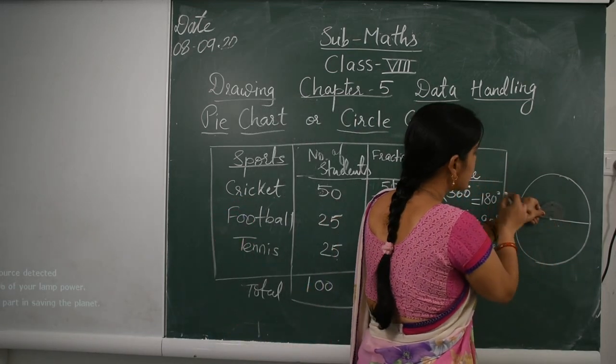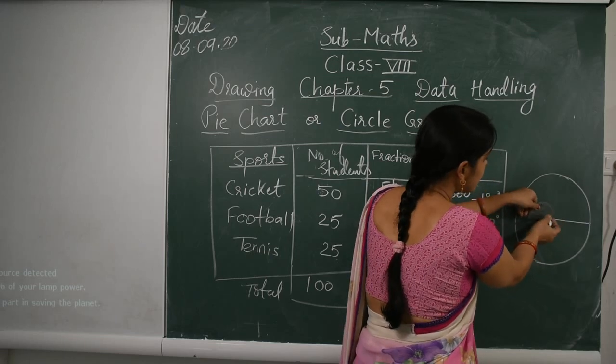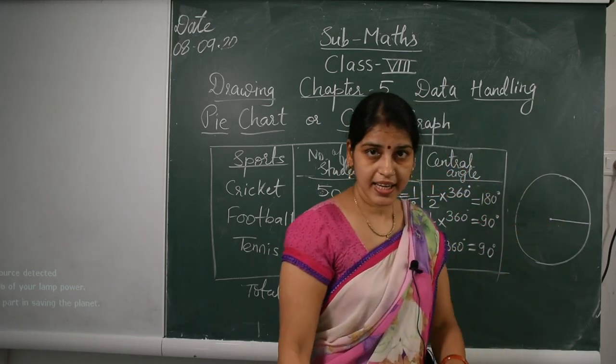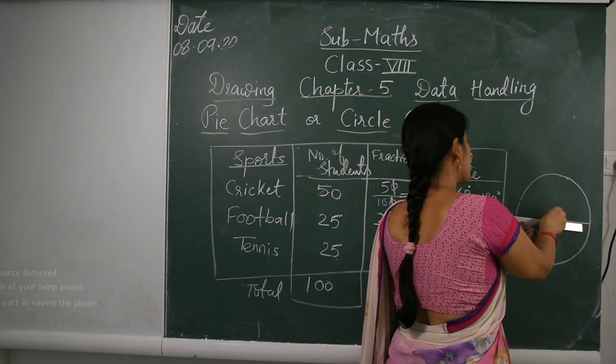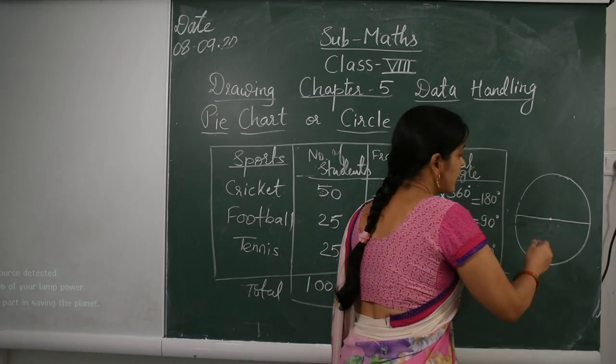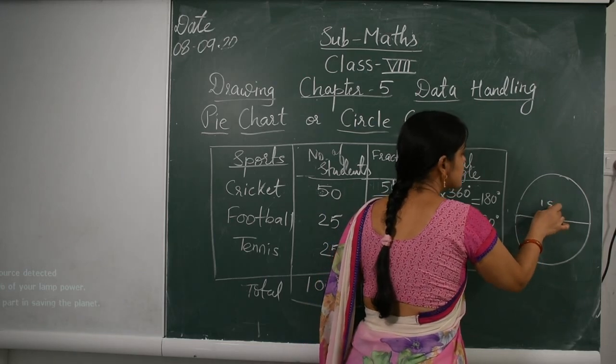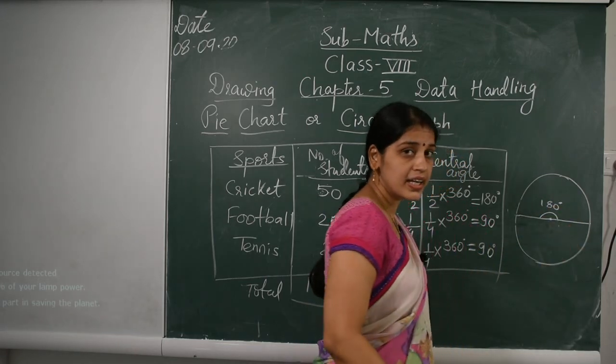And then first we are making 180 degree. So 180 degree means a straight line. This straight line we can make using a scale. So this angle we get as 180 degree.